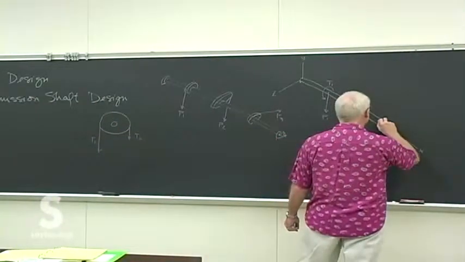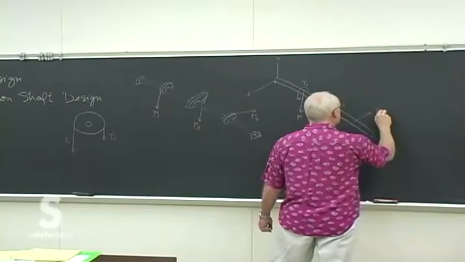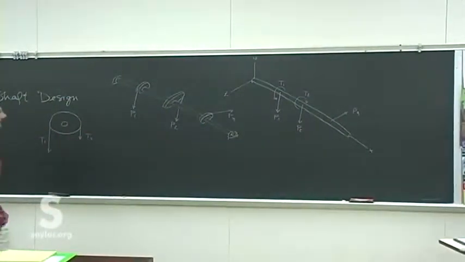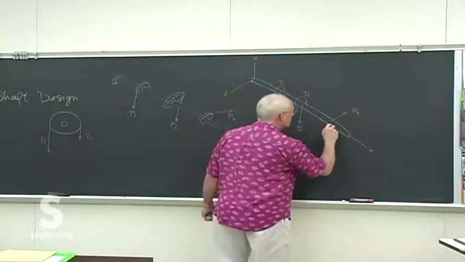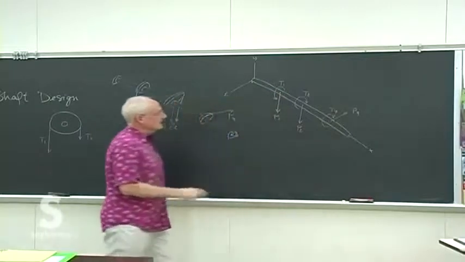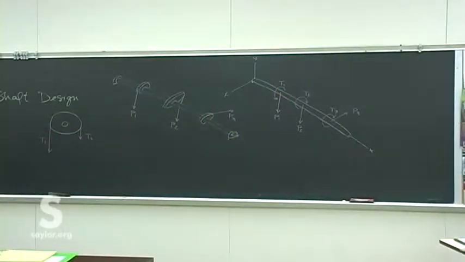This one happens to have a component in the Z direction and will also cause some kind of torque. So take a little time just to draw those in so they're in their general senses. They kind of make some sense with what we're doing.